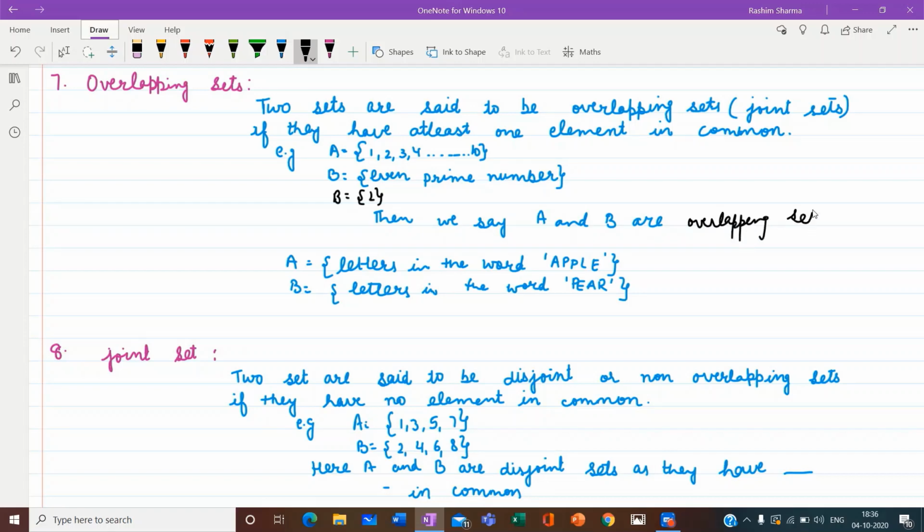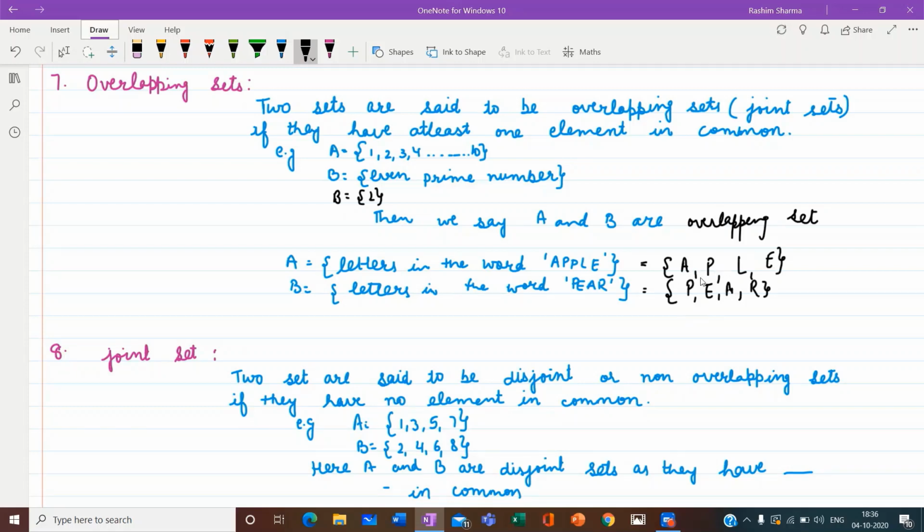Alright, let us take another example. Here A is a set in which we have letters in the word apple. Now if we have to write it in roster form, we will write A, P, L and E. And B is a set in which we have letters in the word pear. So here we will have elements P, E, A and R. So now this set A and this set B have elements common in them.